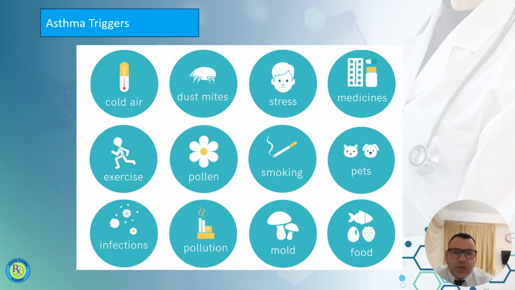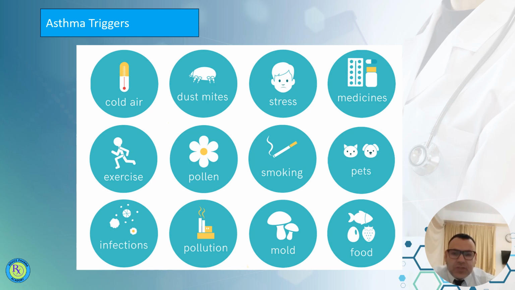You must be aware of these triggers to inform the patient so he can avoid them as much as possible. These triggers include cold air, dust mites, stress, and medicines like NSAIDs, such as ibuprofen or diclofenac. They can decrease leukotriene and can also increase the asthma symptoms.